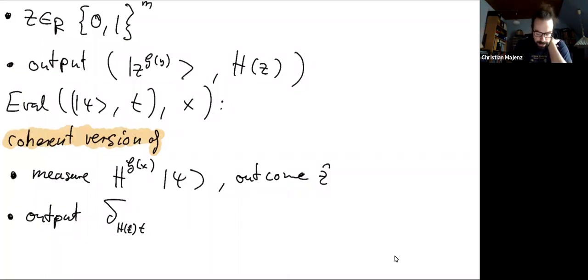First of all, we apply H of G of x, where x is the input to the evaluation, to the quantum state part of the copy protected program. We get an outcome z hat. And now we output 1 if H of z hat is equal to t, which is the classical part of the copy protected program, and 0 else.